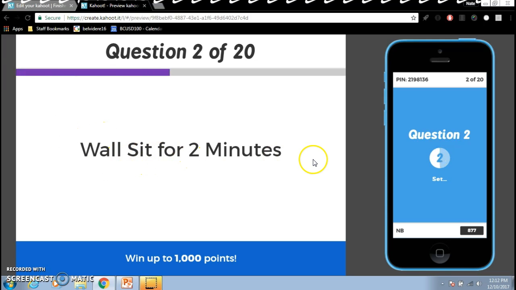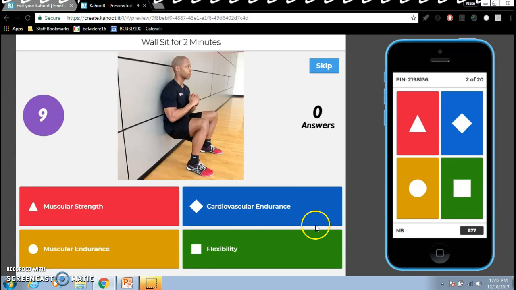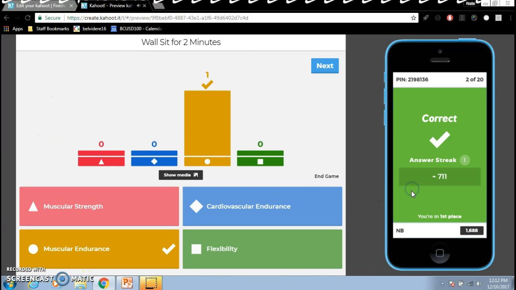So a wall sit for 2 minutes. Hopefully my students would answer that it is muscular endurance. I wouldn't necessarily have my students go find a wall and do a wall sit, but I would ask them, what's another alternative exercise that we could do to work on the muscular endurance of our legs, like that wall sit?